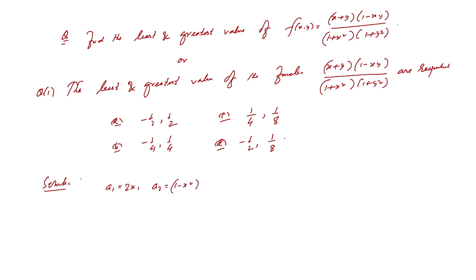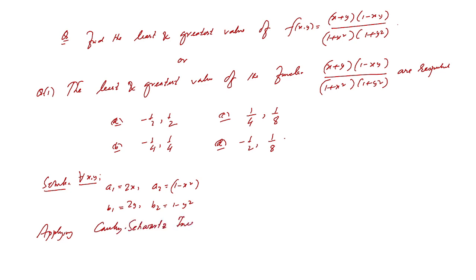Obviously, these are real numbers for all x, y. And we choose B1 equals 2y and B2 equals 1 minus y square. Now we apply the Cauchy-Schwarz inequality.